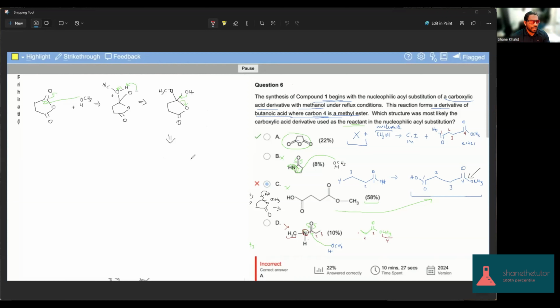So at one end it will be something like this. This OH here will have a positive charge because it has a double bond now that's being created. And the other thing is this methoxide here, that's just the OCH3.